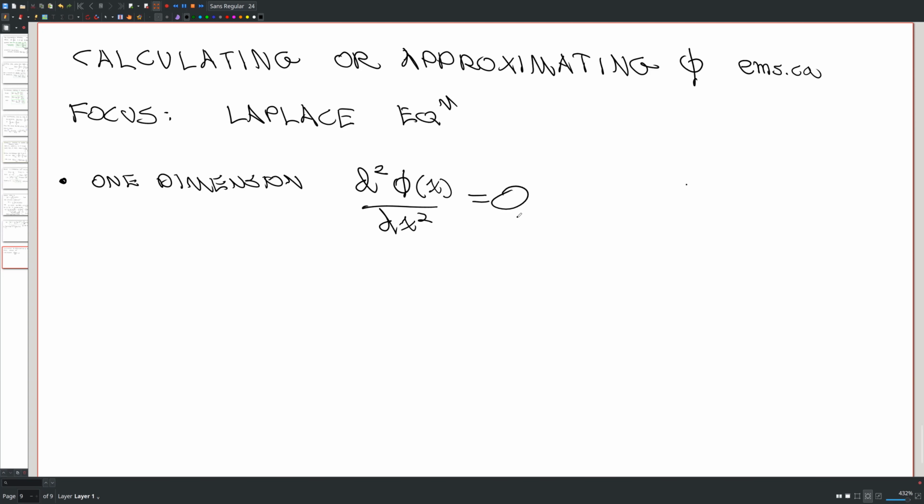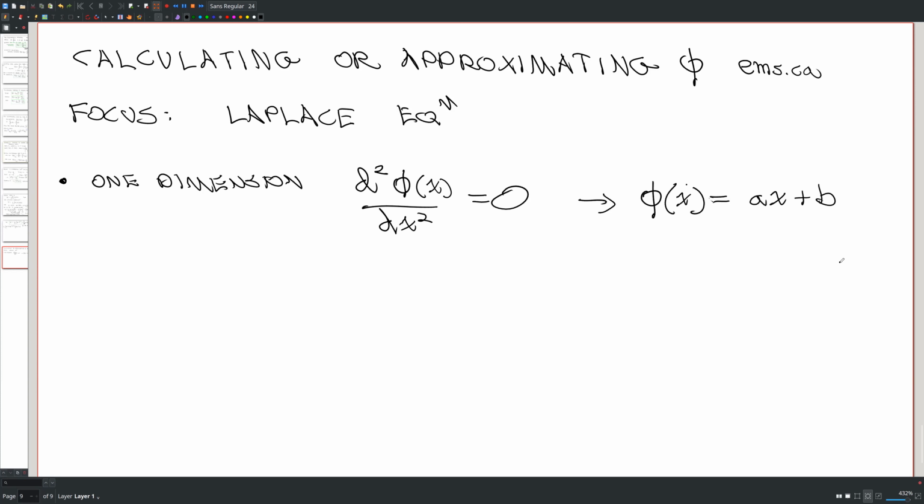And therefore, you can immediately write the most general solution to the Laplace equation in one dimension, which is just a linear function, ax plus b, where a and b are just numbers. Okay, there is nothing else.